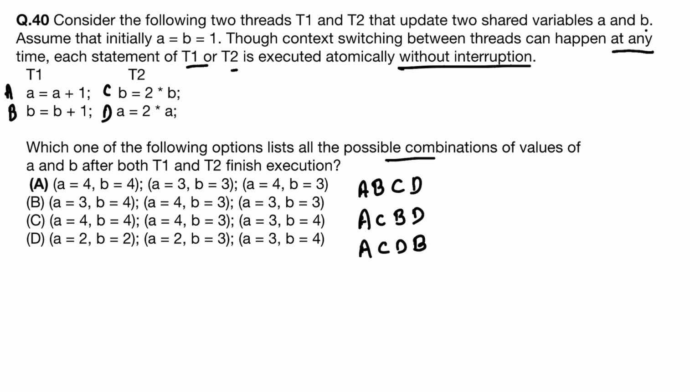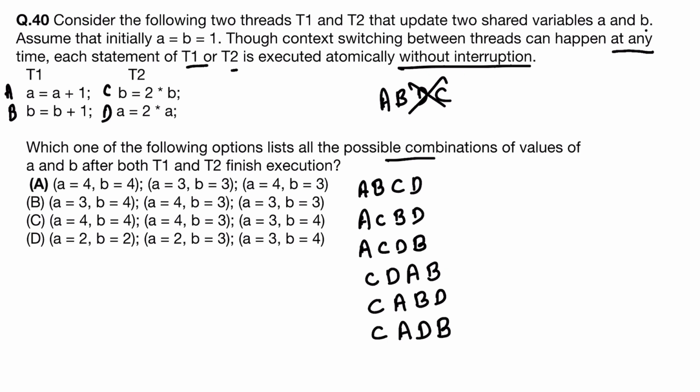A, B, D, C is not possible. Next, if T2 starts, then C, D, A, B or C, A, B, D or C, A, D, B. So a total of 6 possibilities are here.